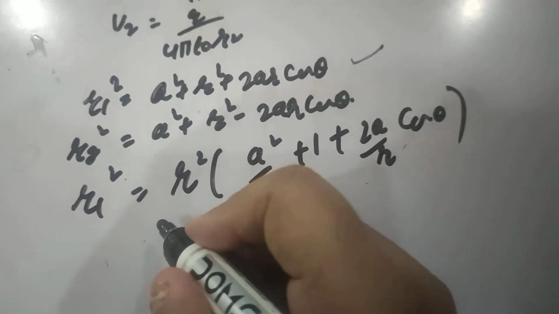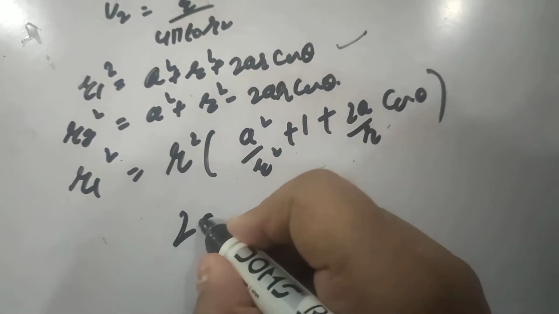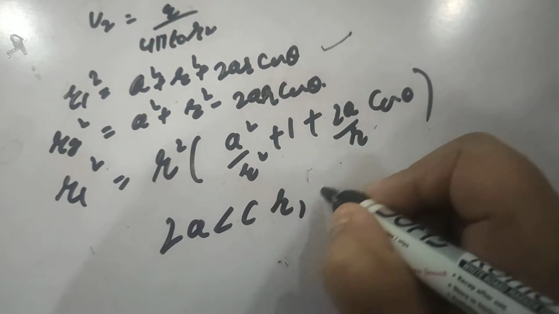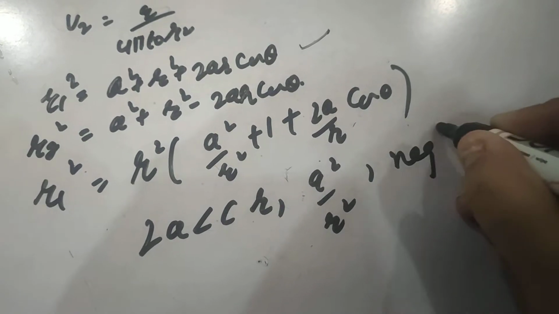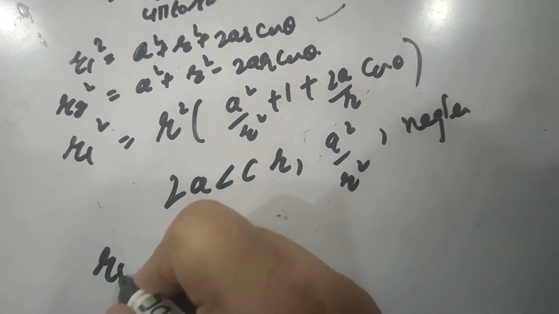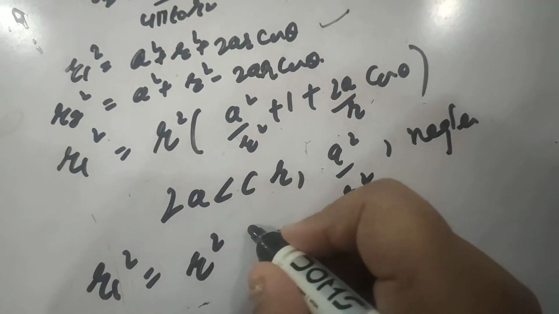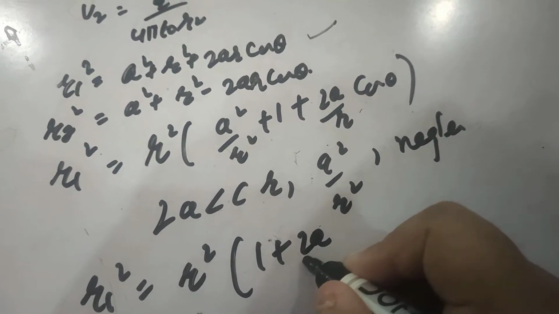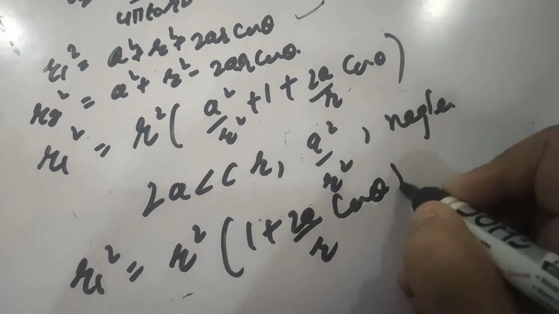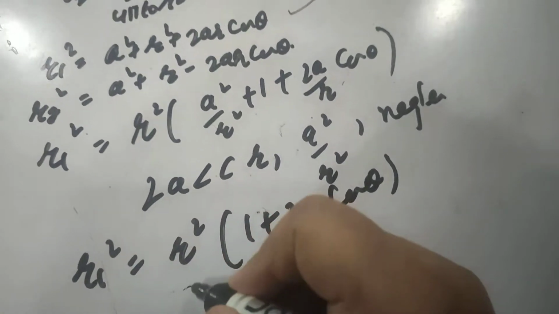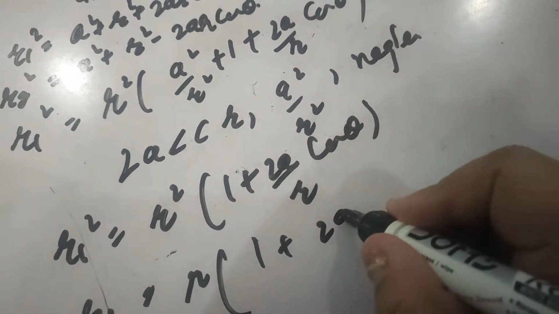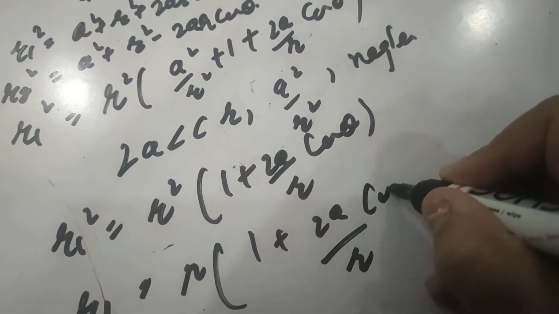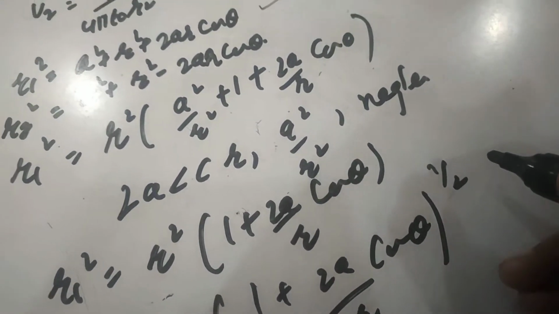For the short dipole we can say that 2a is very less than r, so a square by r square can be neglected. So r1 square is equal to r square (1 plus 2a by r cos theta), or r1 can be written as r (1 plus 2a by r cos theta) raised to power 1 by 2.